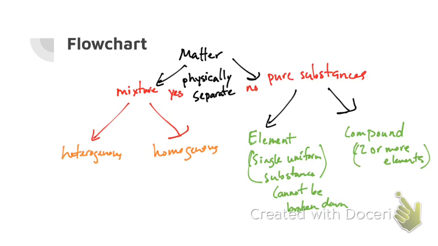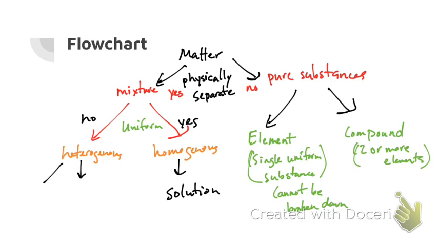So the question you can ask is, is it uniform? Meaning, is it the same? If it is uniform, here's the yes answer, it's homogeneous. Another name for homogeneous is solution. If it's not uniform, then it's heterogeneous.